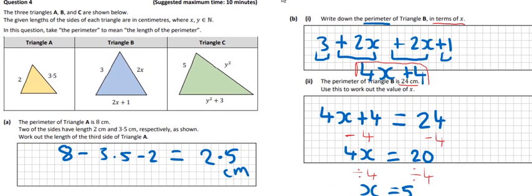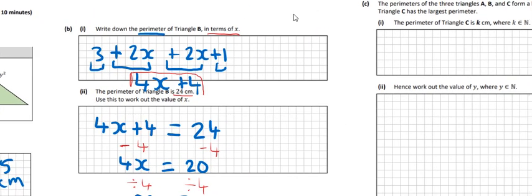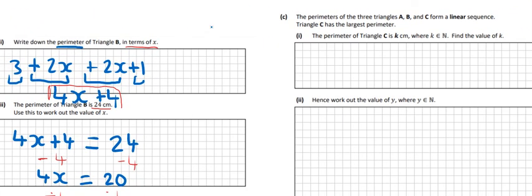So 8 and then 24. So it's telling us that it's a linear sequence. So the thing about linear sequences is that they go up by the same amount each time. So the difference there between 8 and 24 is 16. So 8 plus 16 gives us 24.